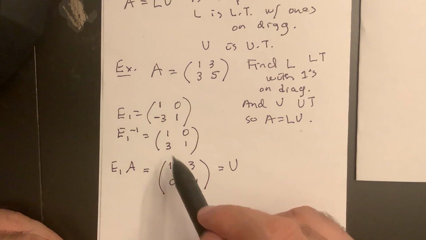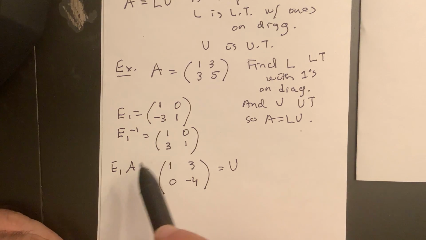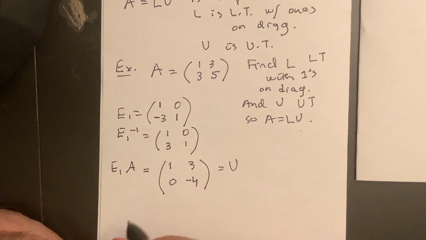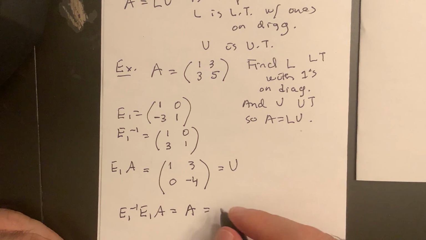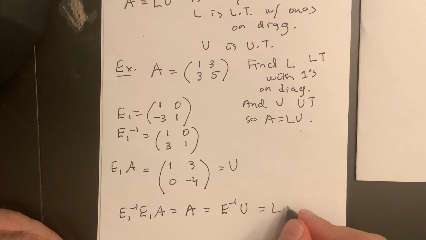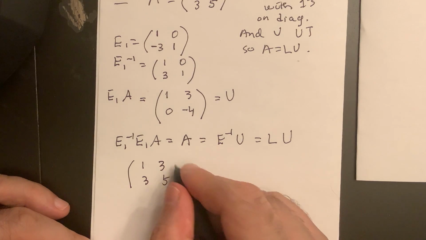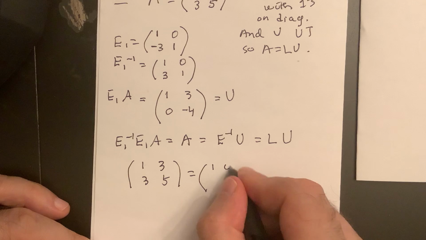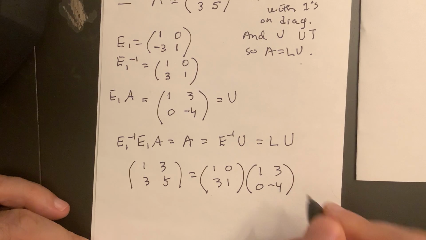And I see that this inverse of E1 is L. If I multiply by E1 inverse on both sides, I get E1 inverse E1A equals A equals E1 inverse U. But E1 inverse is just L. Okay, so if I write it out, 1, 3, 3, 5 is equal to 1, 0, 3, 1 times 1, 3, 0, minus 4.